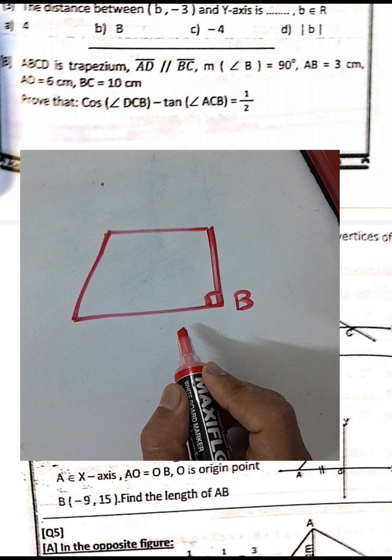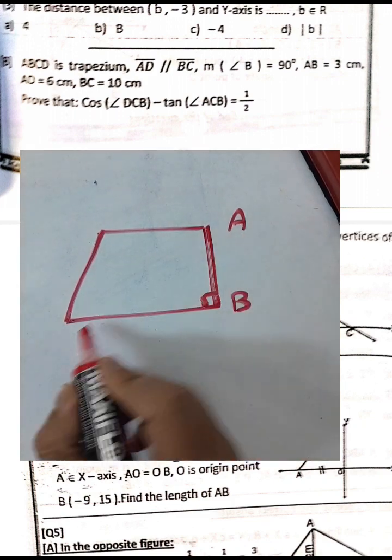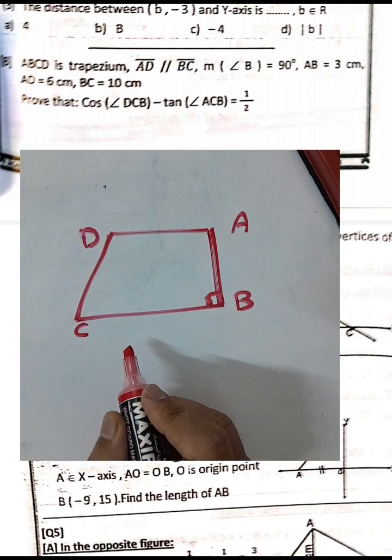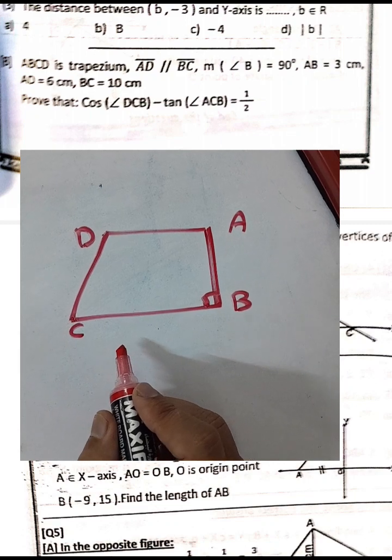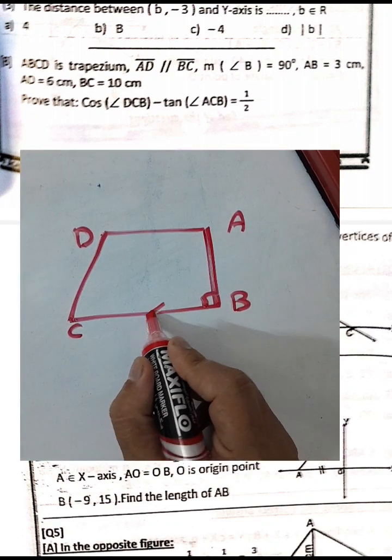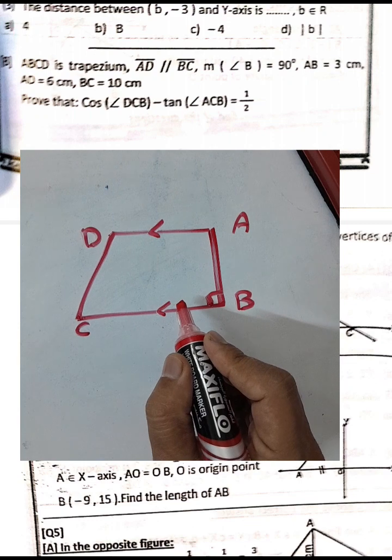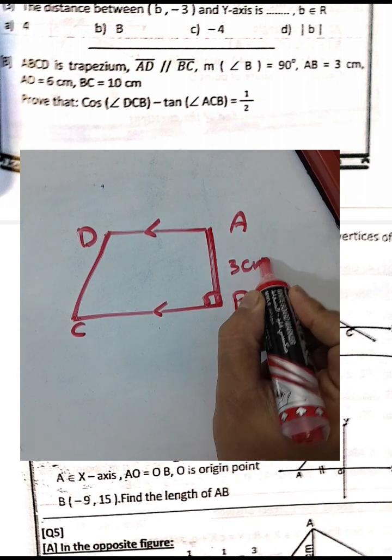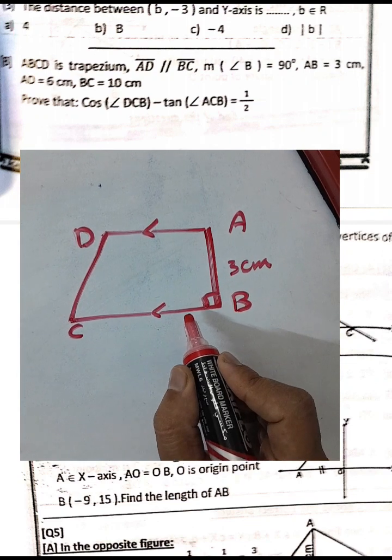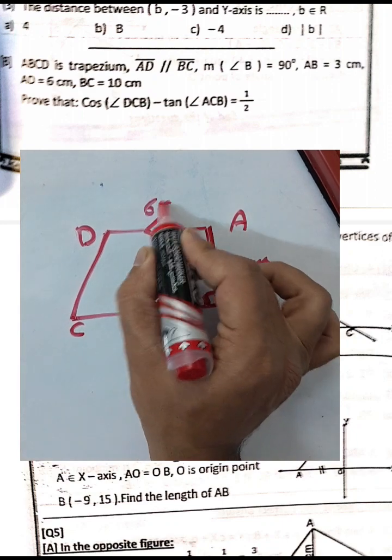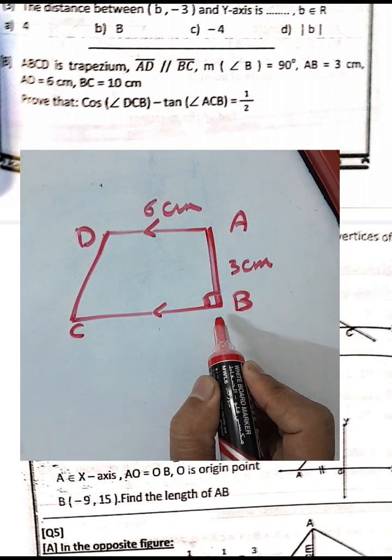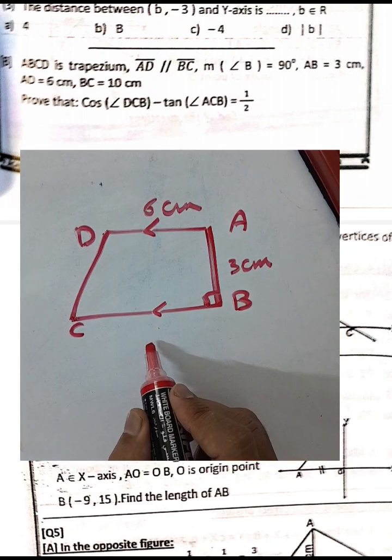And we have ABCD here, giving us in the example AD parallel to BC, and AB was 3 centimeters, AD was 6 centimeters, and BC here 10 centimeters.